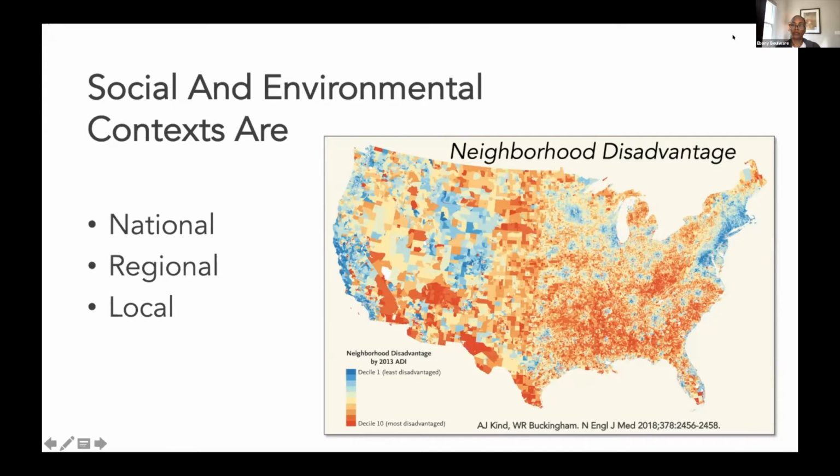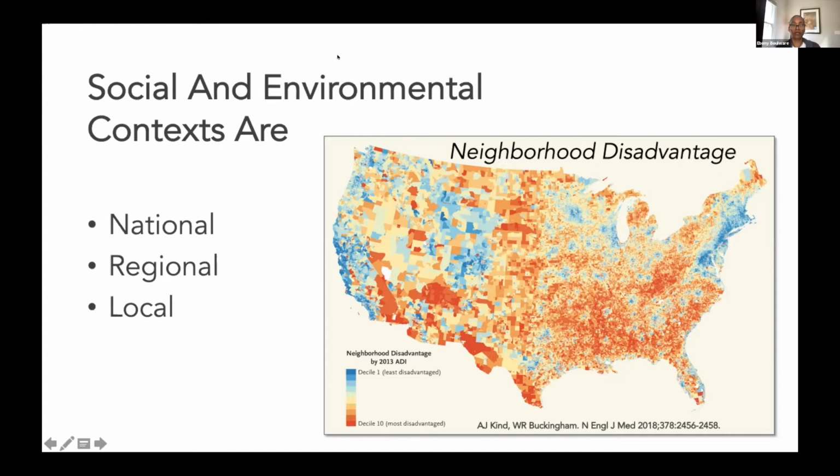And similar to the other map, you see that there's this clustering of disadvantage in regions of the United States, and then by neighborhood, by census block group, and it's similar county by county. You see areas where there's very much dark red, where there's a lot of disadvantage, just next to areas where there's heavy blue, where there's least disadvantage.